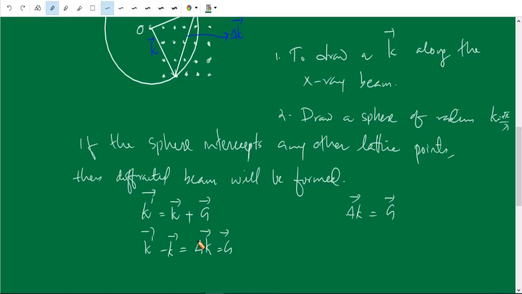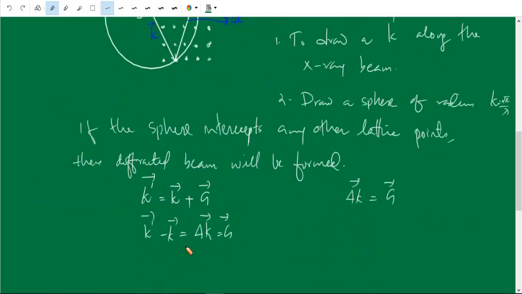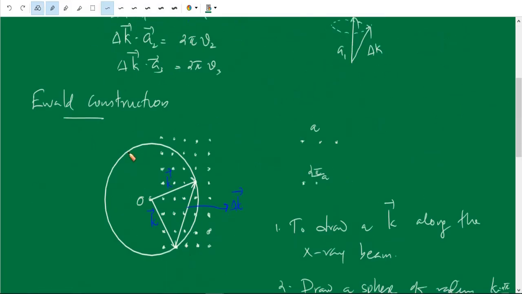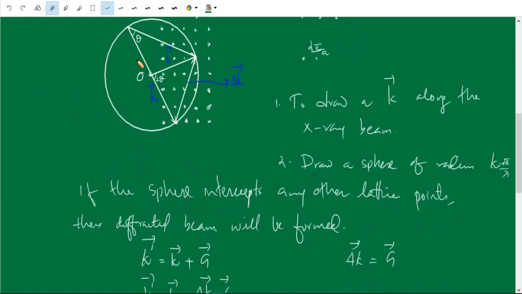So this is the Ewald construction. Here theta is the Bragg angle, that is the angle between the incident beam and the plane of the crystal.